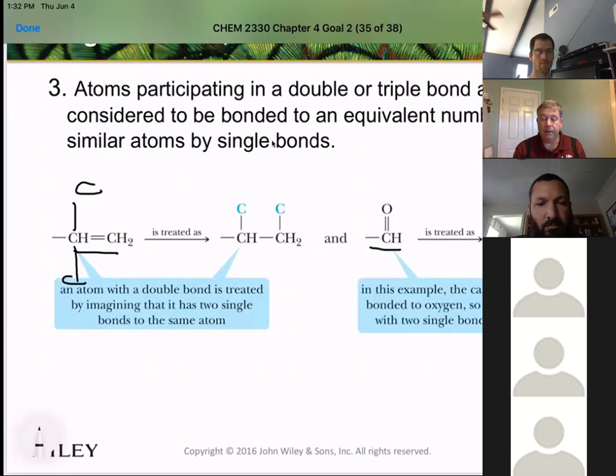Where in the case of here, we would have this bonded to 1 oxygen for the first bond and another oxygen for the second bond. Okay. So that being said, the one with 2 carbons on it has a lower priority than the one with 2 oxygens on it. So on occasion, we have to use that double or triple bond rule, but most of the time, those first 2 rules will identify priority.